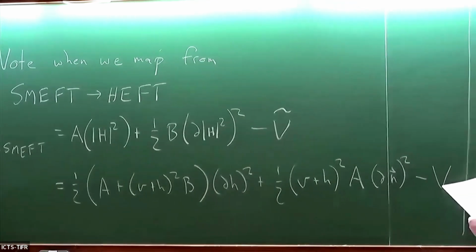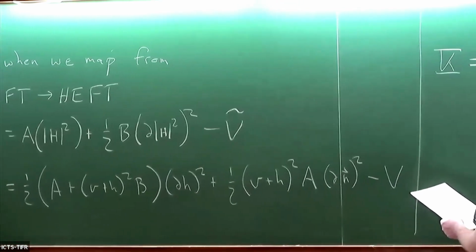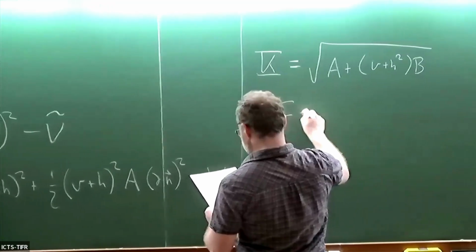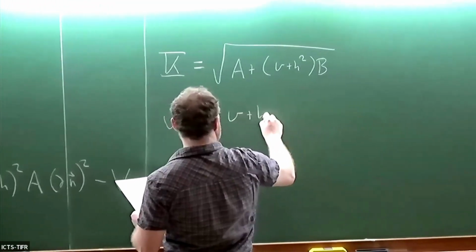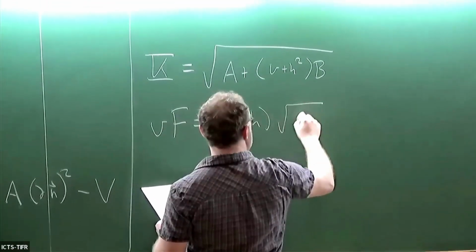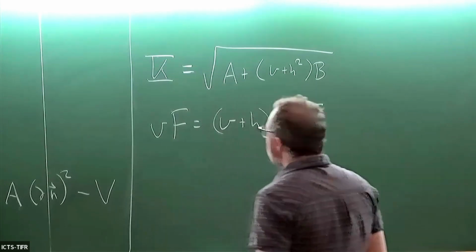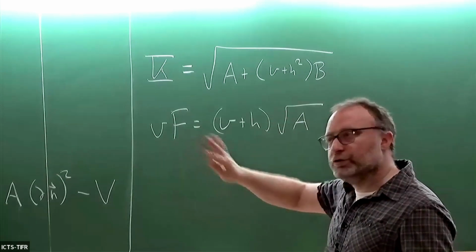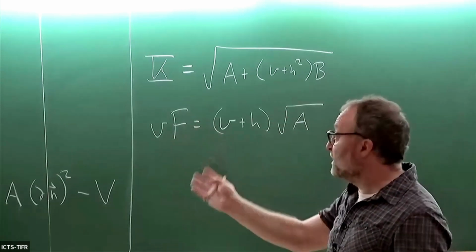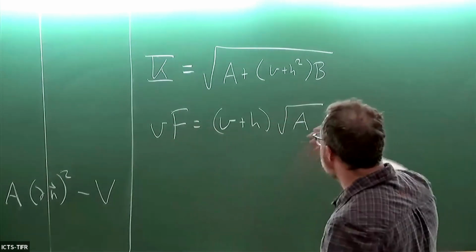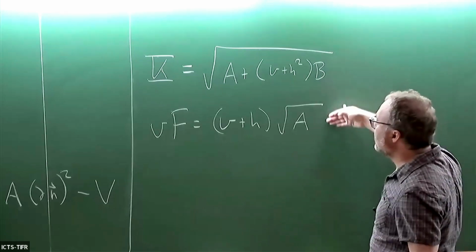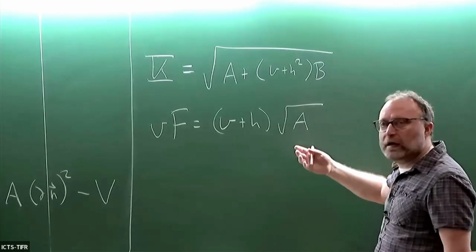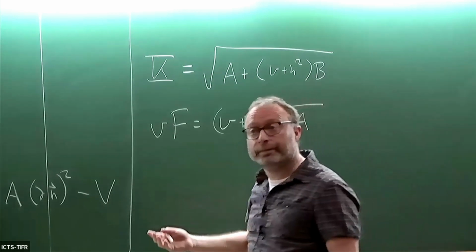So we have a plus v plus little h squared v, and vf is v plus h squared root a. Again, this is very similar in spirit to showing you that map going the other way, but just notice we have square roots, and so immediately you should worry about potential analyticity problems.